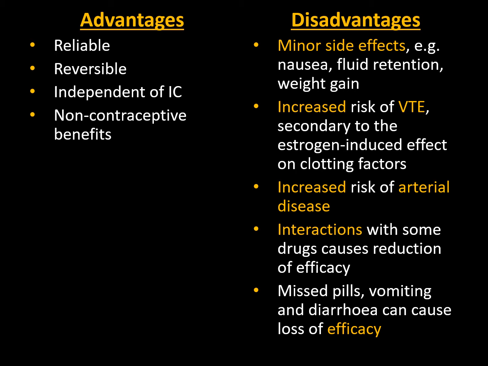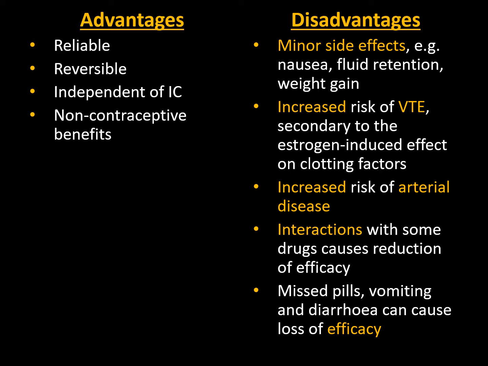in addition to non-contraceptive benefits. There are also disadvantages: minor side effects, increased risk of venous thromboembolism, and this is usually in the first year of using the combined hormonal contraception.